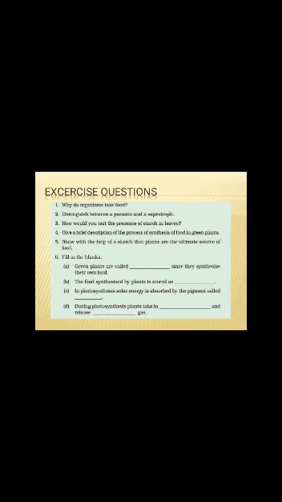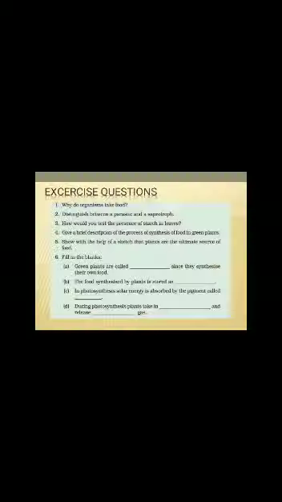Why do organisms take food? We have discussed earlier that organisms require energy and nutrients so that they can maintain their body and energy requirements.